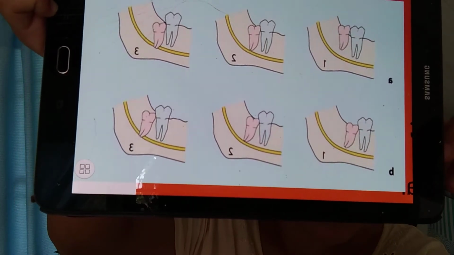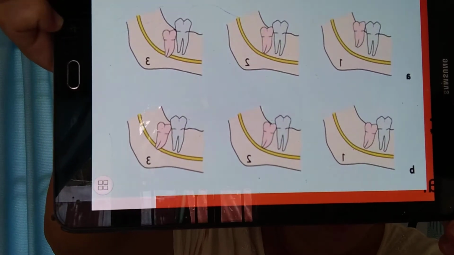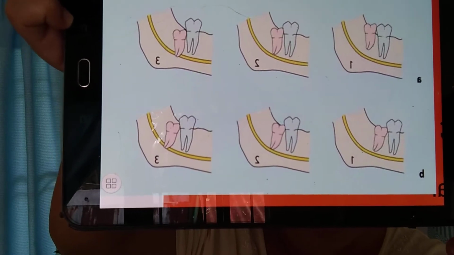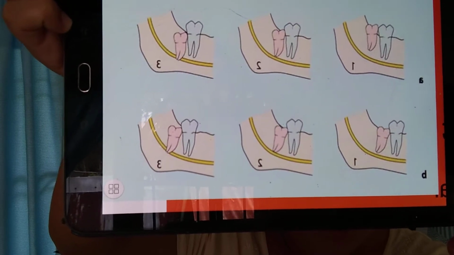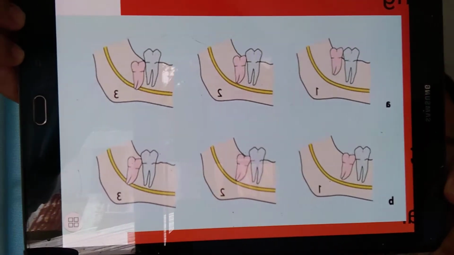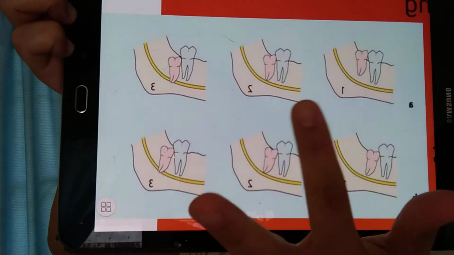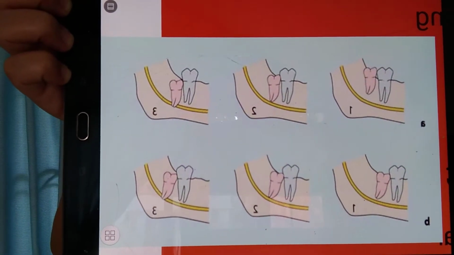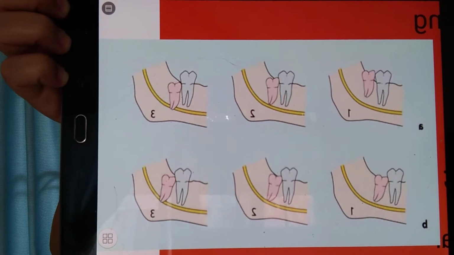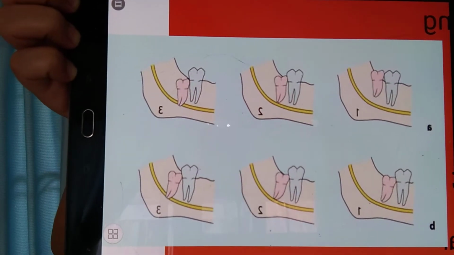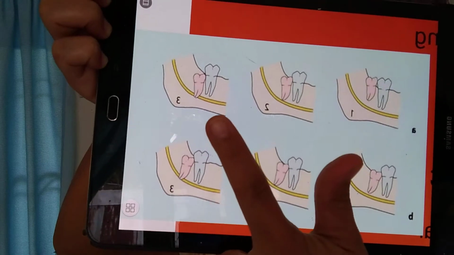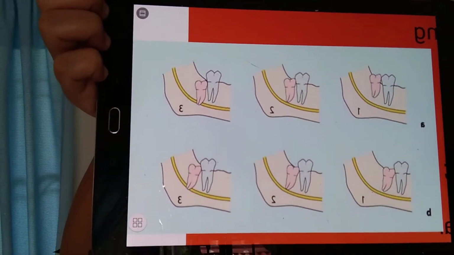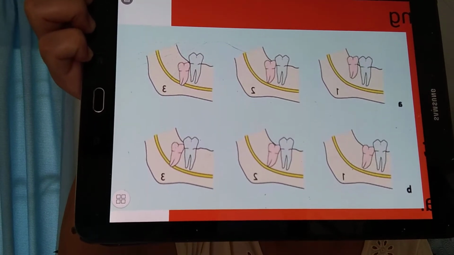For number 1, the occlusal surface of the impacted tooth is at the same level as or a little below that of the second molar. For class B, which is number 2 here on letter A, the occlusal surface of the impacted tooth is at the middle of the crown of the second molar or at the same level as the cervical line. And for number 3, class C, the occlusal surface of the impacted tooth is below the cervical line of the second molar.